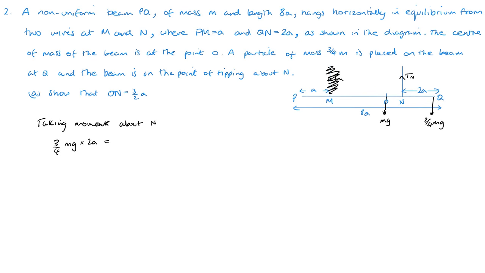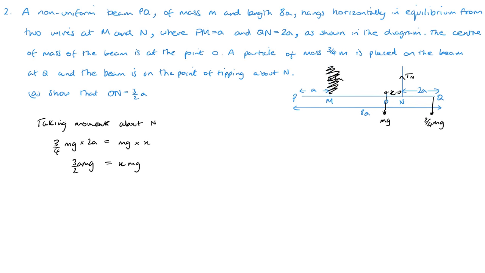That's going to be equal to, now let's call this ON, well, let's call it X. So that's going to be equal to mg times by X. So 3/4 times by 2 is 3/2 mg equals X mg.